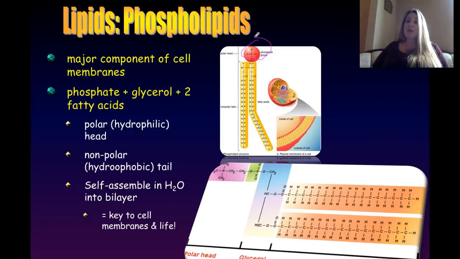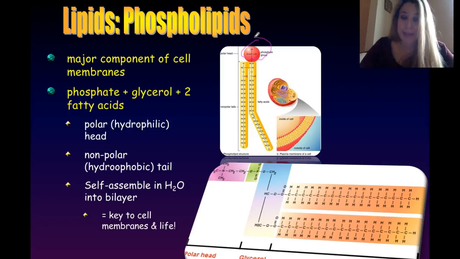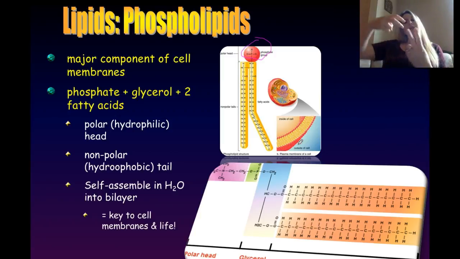Now, in the case of our cell membranes, and we'll get into a lot more detail when we study cell membranes in detail, you'll notice that our cell membranes have 2 layers, a bilayer. Bi means 2. So 2 layers of phospholipids. And because of the chemical properties of this and the aqueous environment that they're in, you get them kind of going in opposite directions.